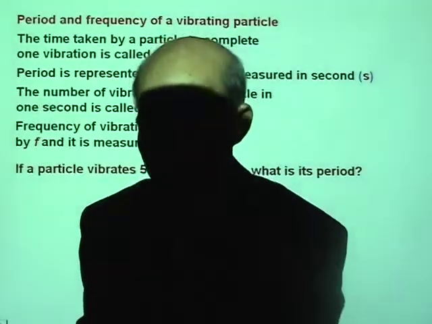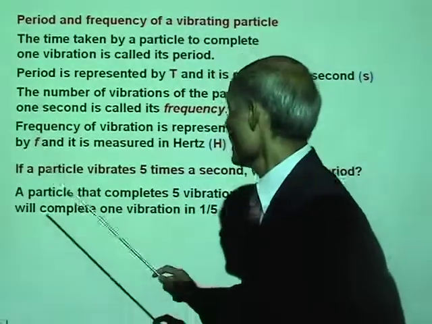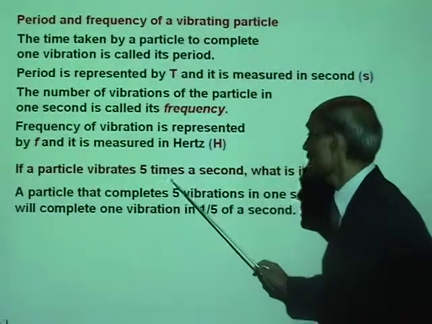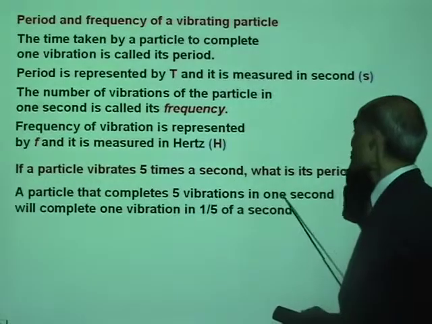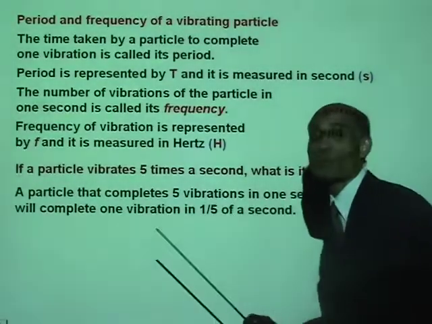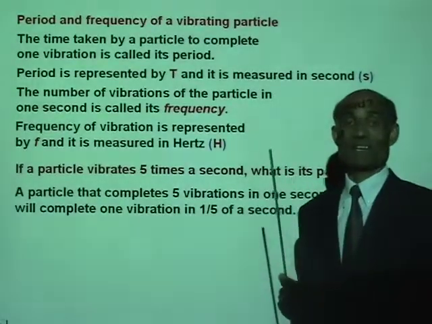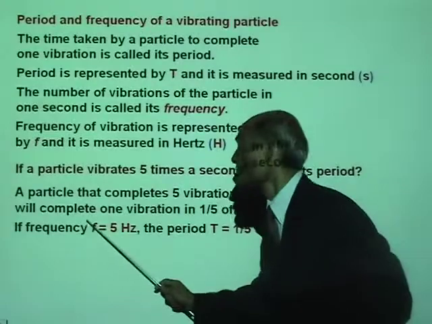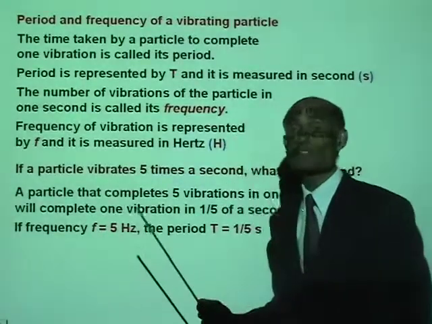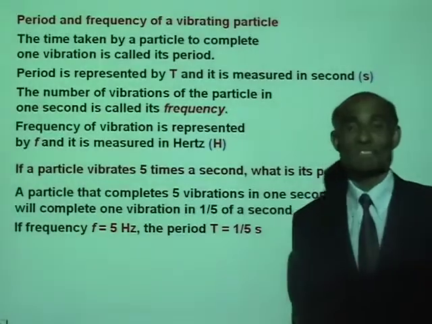Well, I hope that is understandable. A particle that completes 5 vibrations in 1 second will complete 1 vibration in 1/5 of a second. That means if the frequency is 5 Hertz, the period will be 1/5 of a second.